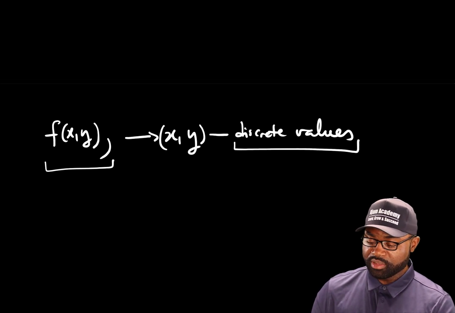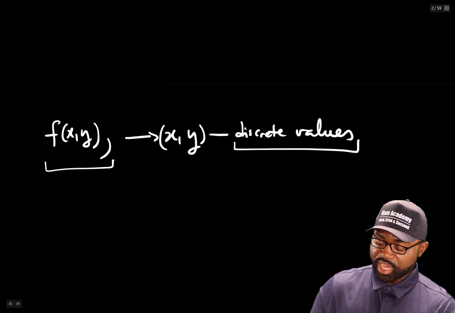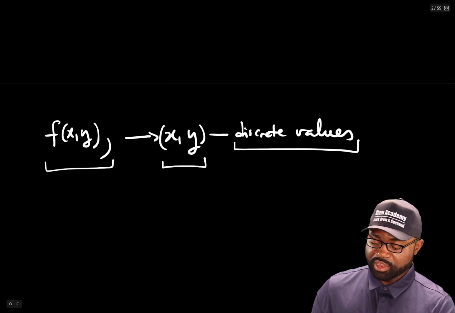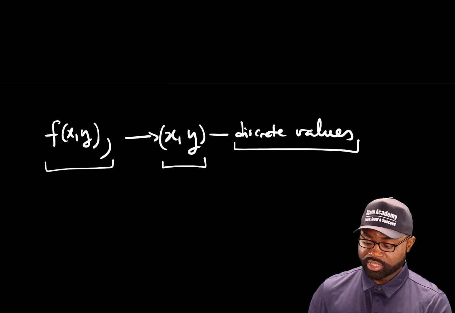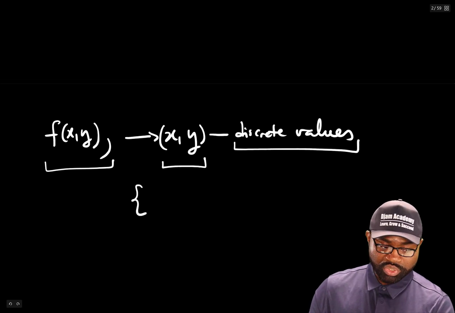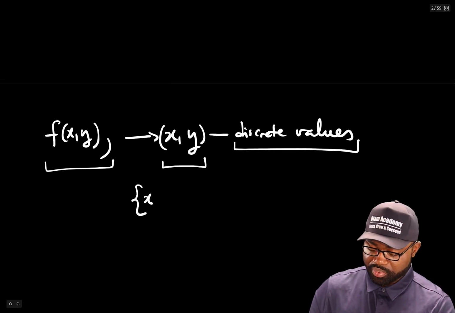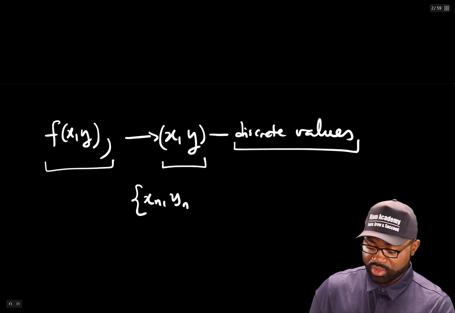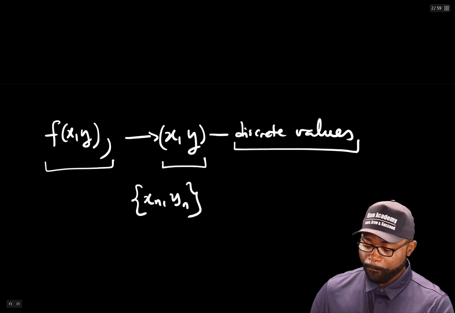The values that X can take can be represented by a sequence, usually written in brackets as x[n], y[n].